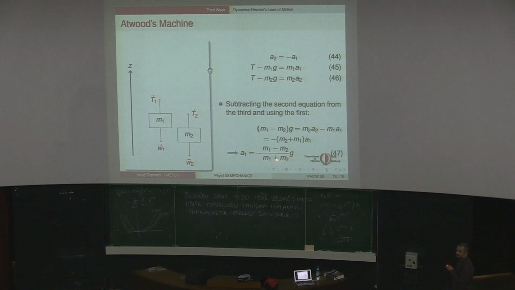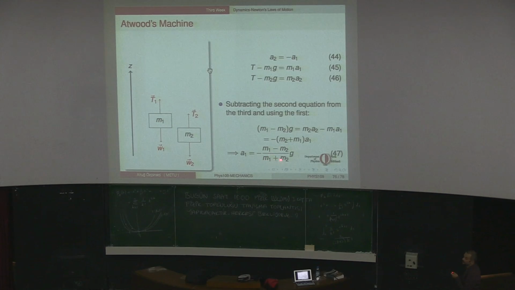M2 is very large. Then for a1, we can ignore m1 compared to m2. Let's say this is 1,000, this is 1 kilogram. Well, this is minus 999 divided by 1,001.